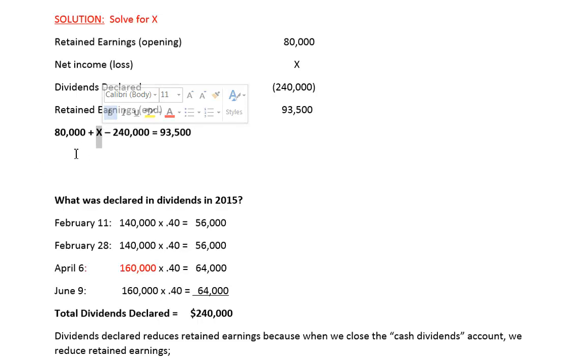So what would X be? If we solved for X, that would be what? 253,500. So that is the value of our profit. So if we added 253,500 in income or profit to our opening balance of retained earnings, which is 80,000, and then deducted the dividends that we calculated that were declared during the year, we would get 93,500.